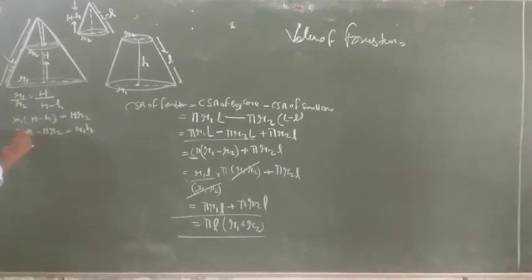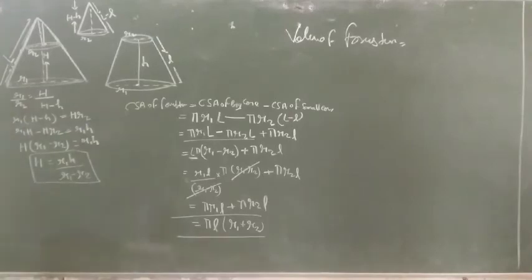On that side we take capital H common, so R1 minus R2 times H equals R1 small h. The value of capital H is R1 small h upon R1 minus R2.